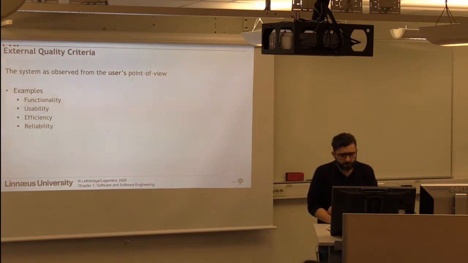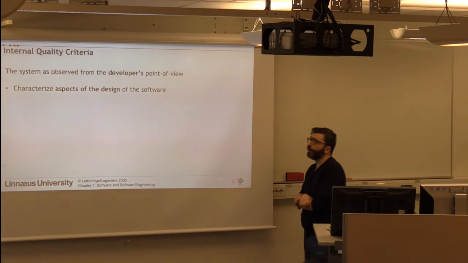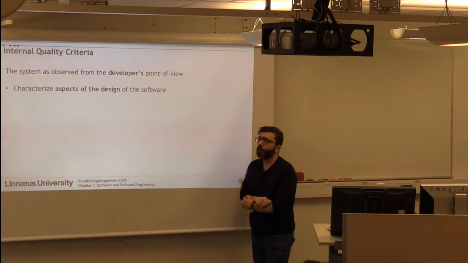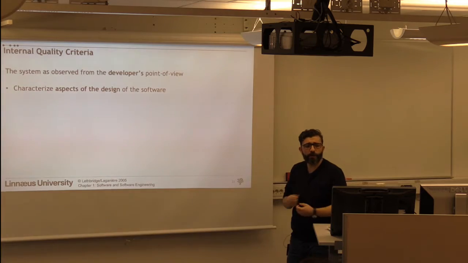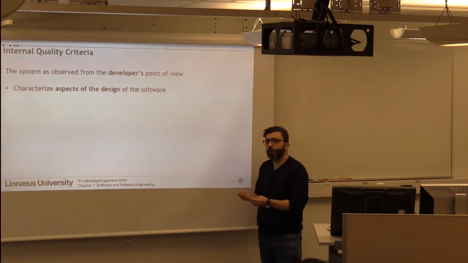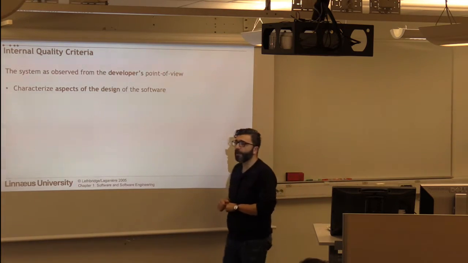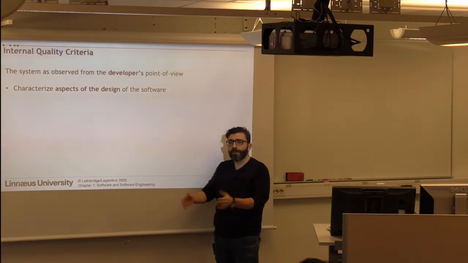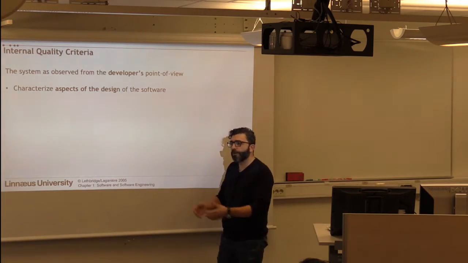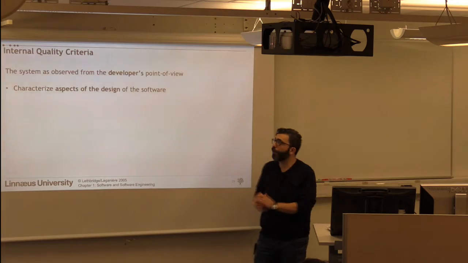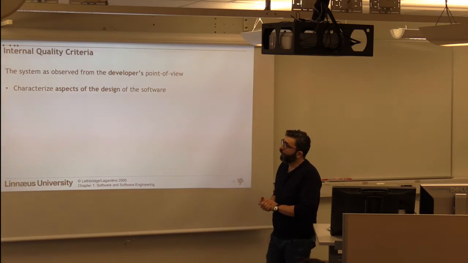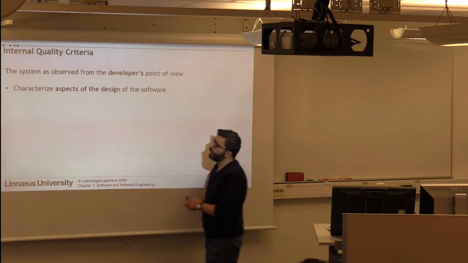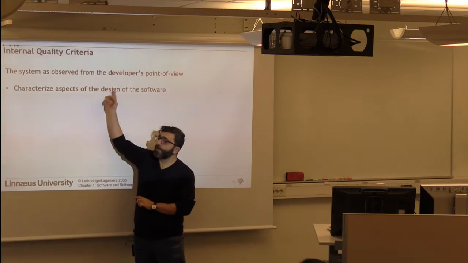On the other side, we have internal quality criteria. So the system is observed from the internal point of view. It is not just a black box, but a white box you can put your hands on as you are the developer. And this will characterize aspects of the design.